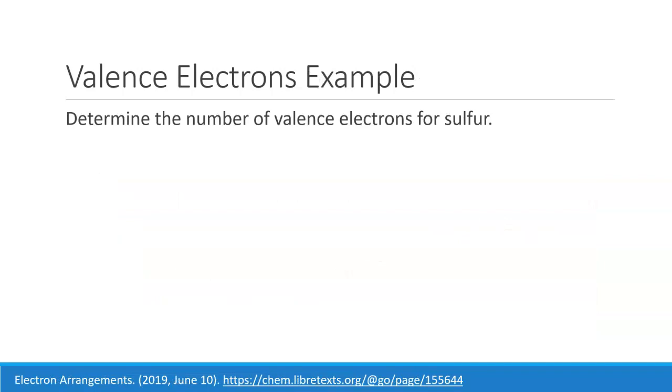So the last example that we'll give: determine the number of valence electrons for sulfur. So your first step is to ask, which column is sulfur in? Or which group?